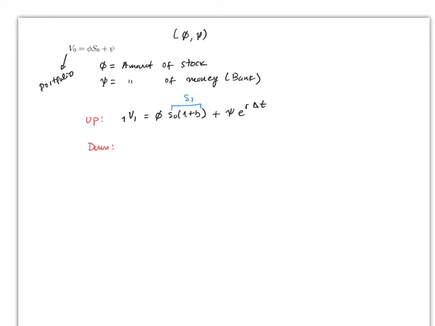Now if it goes down, it will be B1 down, and now this will be phi times S0 times 1 plus a, plus, again, the money in the bank.